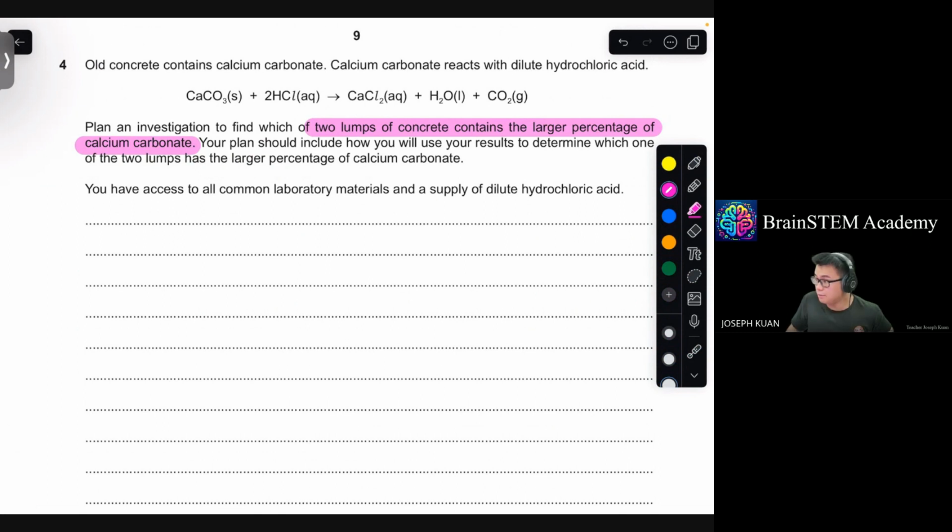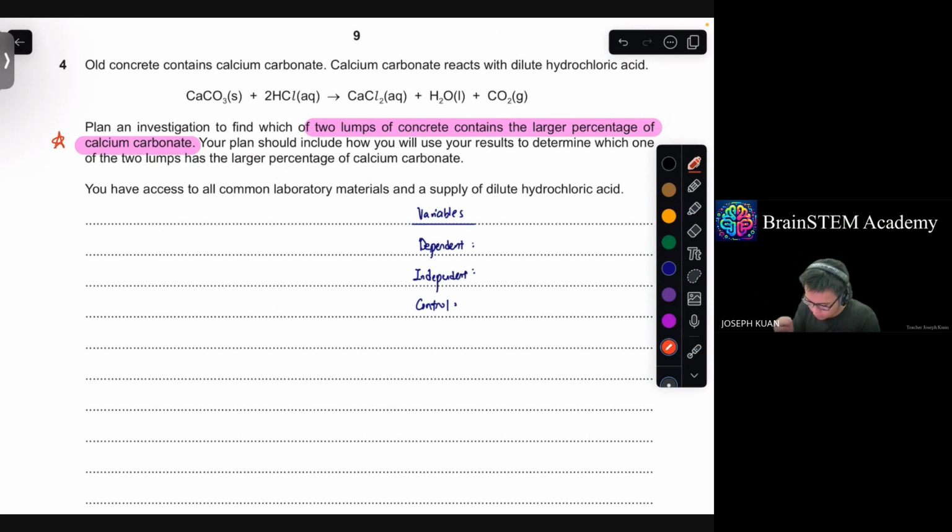Now, in experiment planning, it's best for you to identify the variables first. What is the experiment about? You have to find out the dependent variable, the independent variable, and also the control variables. What is this question about? It wants you to plan an investigation to find which of the 2 lumps of concrete contains the larger percentage of calcium carbonate. So your dependent variable should lead to this conclusion.